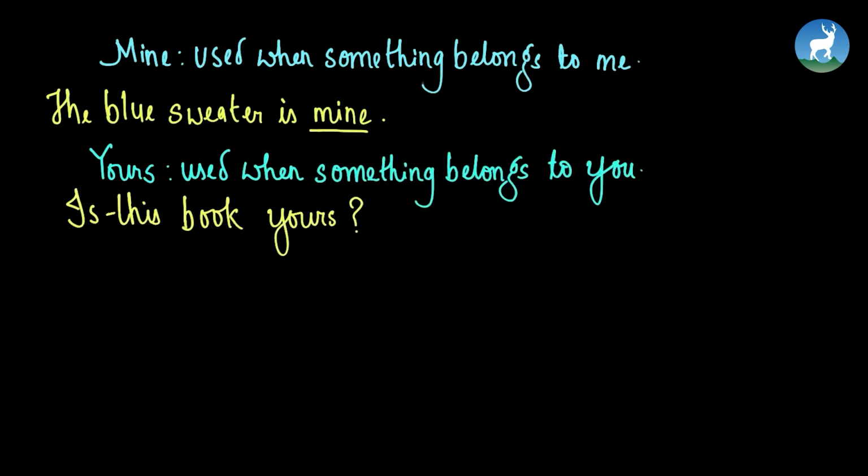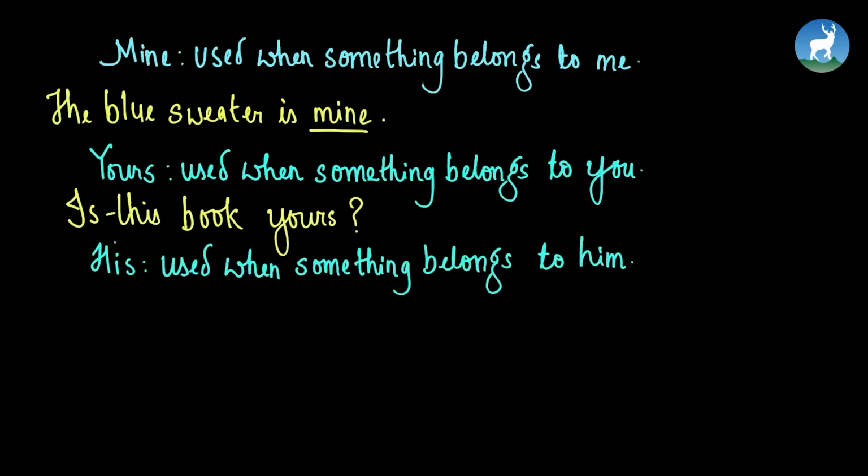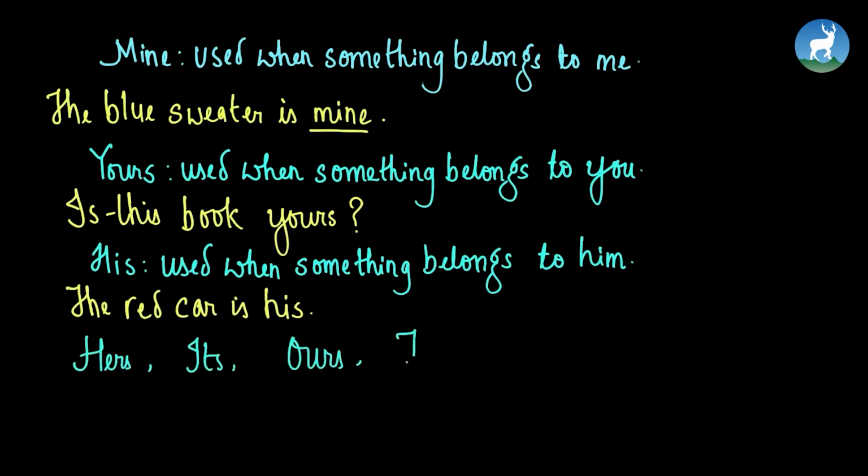Likewise, we move on to another possessive pronoun, and that is his. And we use this word when we have to describe something that belongs to him. So an example could be the red car is his, which means the red car belongs to him. Likewise, there are some other possessive pronouns, and they are hers, its, ours, theirs.